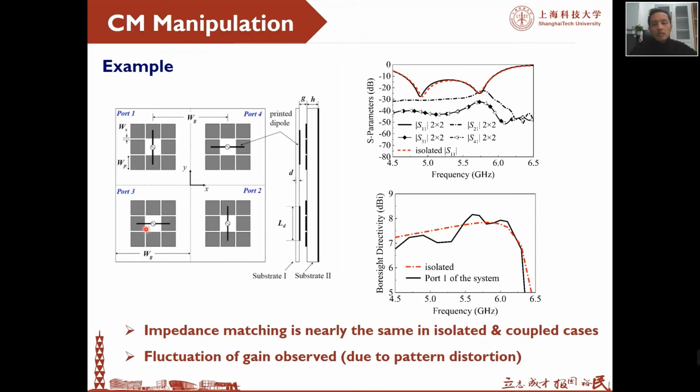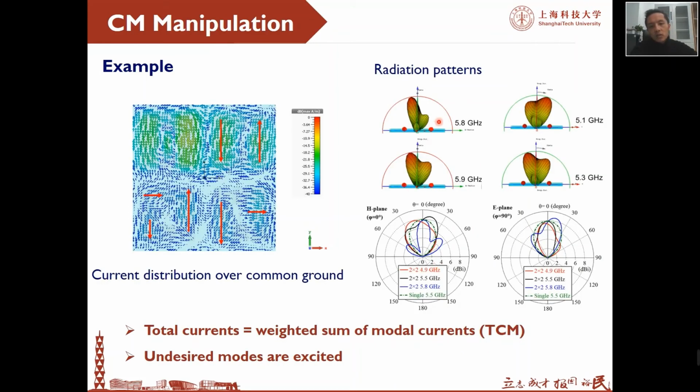But when we put them all together with a center to center distance of about half wavelength, I think it should be slightly more than half wavelength but less than 0.8, we see that impedance matching is hardly changed if we only excite port 1, with ports 2, 3, 4 connected to matched loads. But if we look at the directivity, they are quite different. For the MIMO application, we have a fluctuation of gain due to the pattern distortion, which is shown here in a 3D plot.